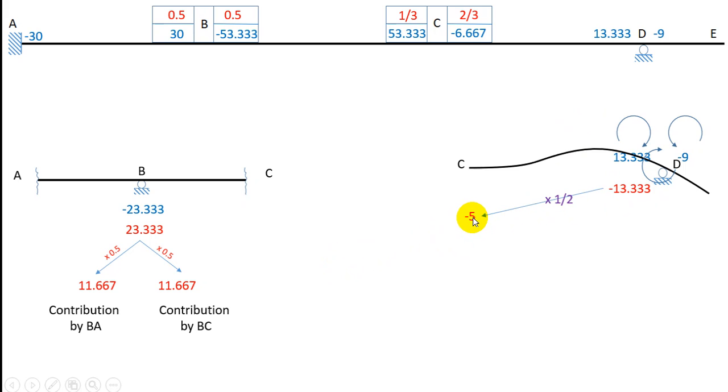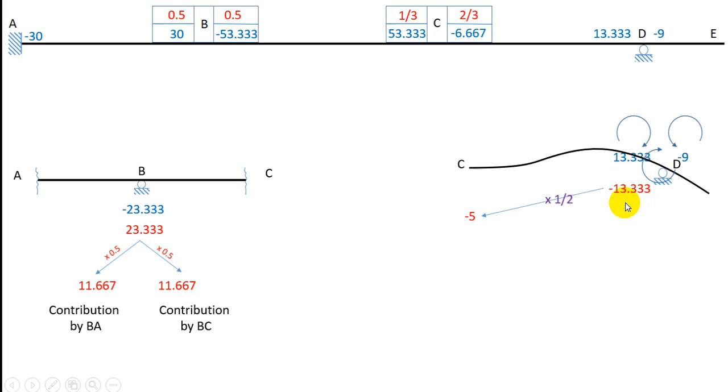I'm sorry, this has to be minus 6.667. That's my mistake. This has to be half, so minus 13.333 divided by 2 should be minus 6.667, and this has now become 0.